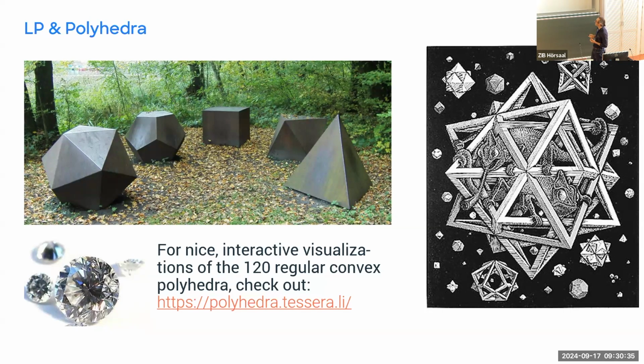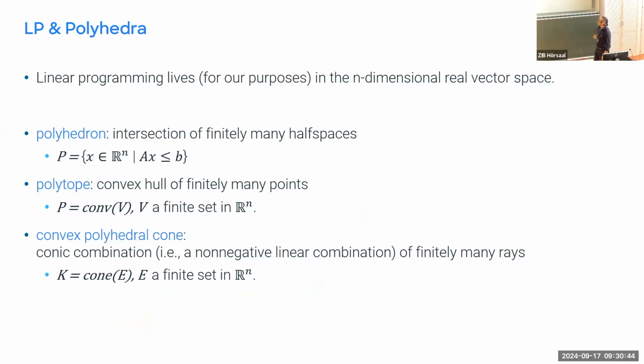And if you want to build polyhedra yourself, there's a very nice interactive website where you can do this. For us, linear programming lives in R^n, not necessarily R^3, but of course we imagine everything in 3D space much more easily.